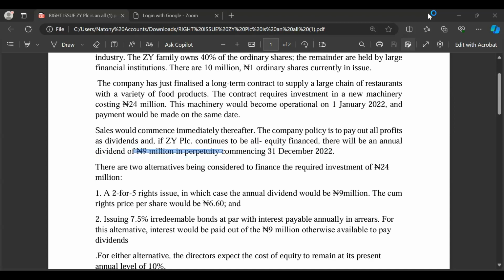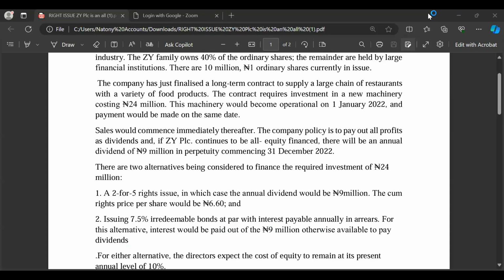So 9 million in perpetuity means there's not going to be growth in dividend. Back to the requirements, the second alternative is to issue redeemable bonds at par where interest is payable annually. Interest will be paid out of the 9 million otherwise available to pay dividend. So the dividend payable will be lesser than 9 million because of interest payments.